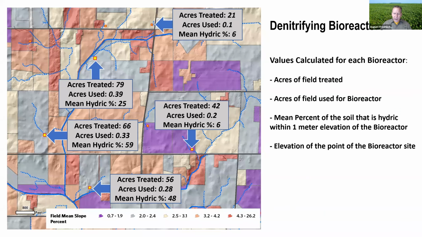Then we calculate a buffer around that. We try to identify the amount of land that's within 1 meter of elevation above that point, and then we start doing the calculation. So all of these values, though, are based specifically on that field.